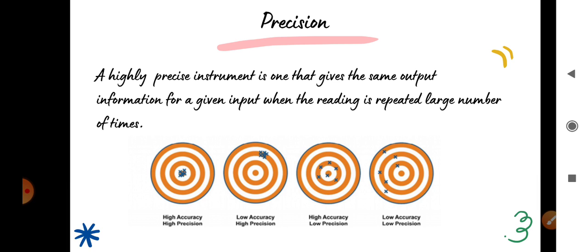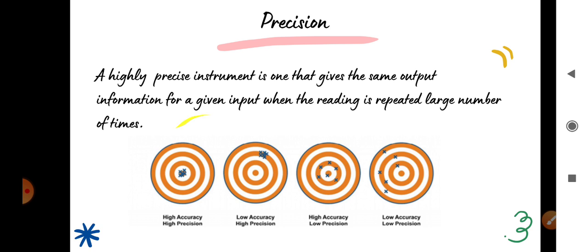Let xt be the true value of variable x, and a random experiment measures x1, x2, x3 up to xi. These are precise when they are near to each other, but not necessarily close to the true value xt. But if they are close to the true value xt, then they are accurate.